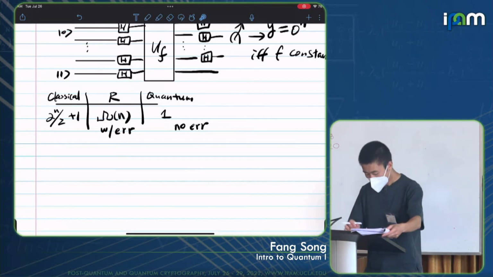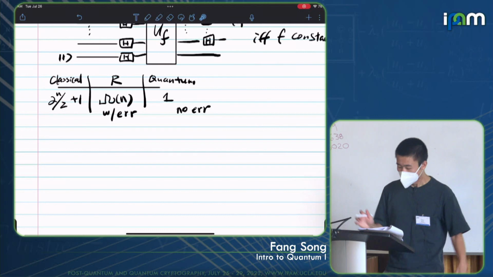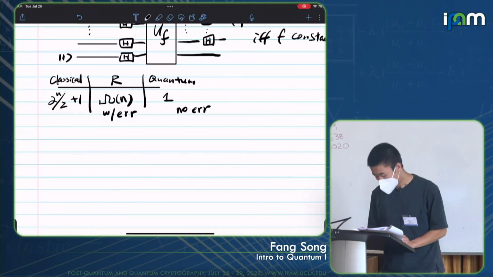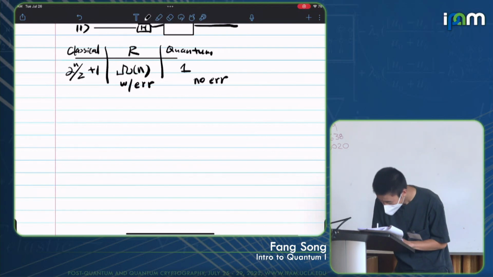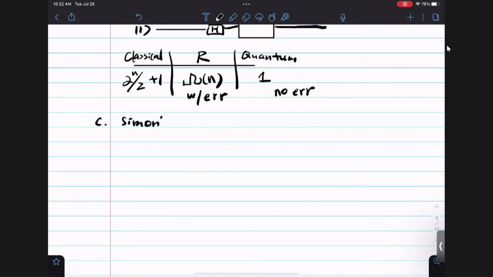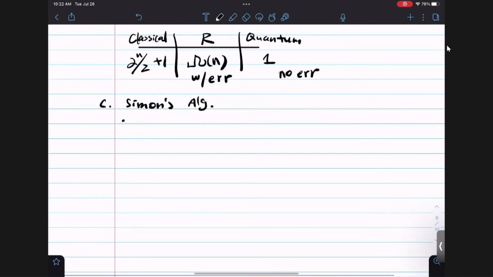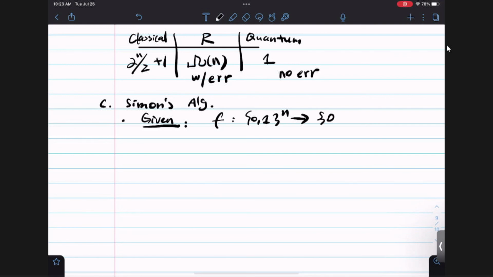So this linear speedup maybe is not super exciting. We can do better. So let me introduce this problem here. This is due to Simon. So again, we're given a black box f from n bits to n bits.